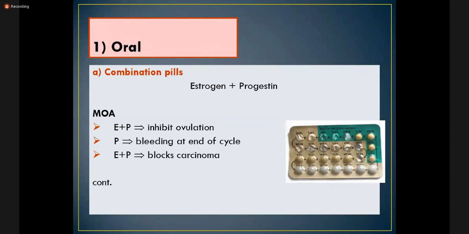If no bleeding occurs, this is the indication that the female has conceived, so we can confirm it, right? So this is necessary to maintain the normal blood flow, the normal menstrual cycle, and this bleeding takes place with the help of progesterone.